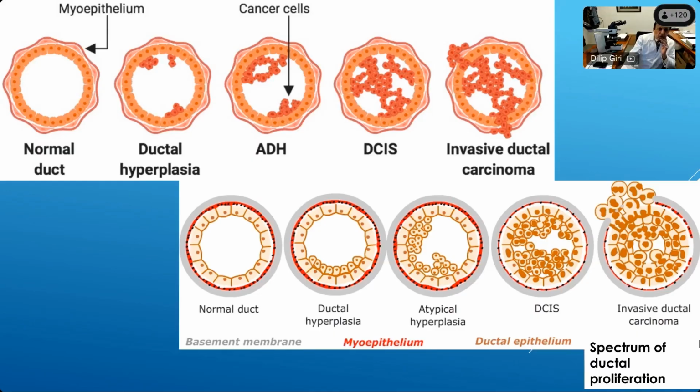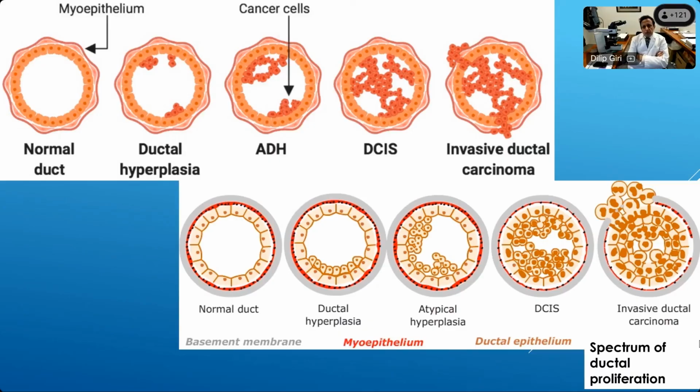Now, of course, if this continues to progress, then you will have invasion into the stroma, and that is how invasive carcinoma arises. Now, it's important to remember that this kind of scheme that I am showing you here is only good for the low-grade pathway.